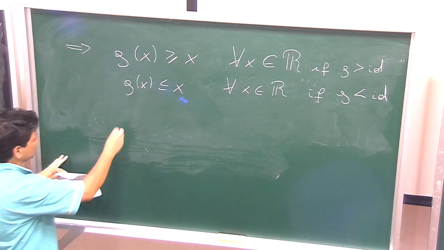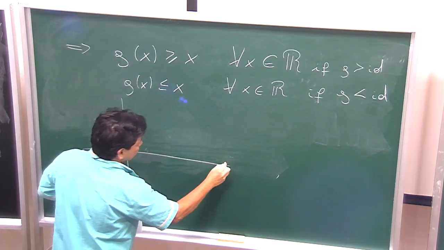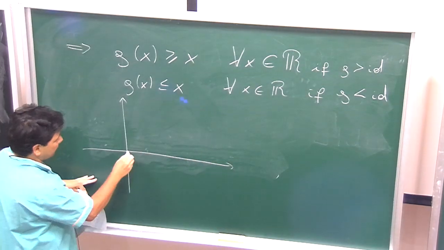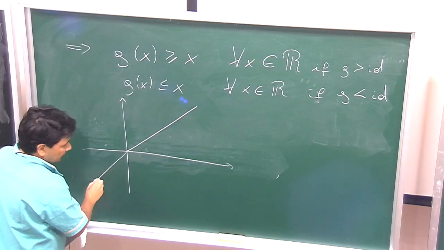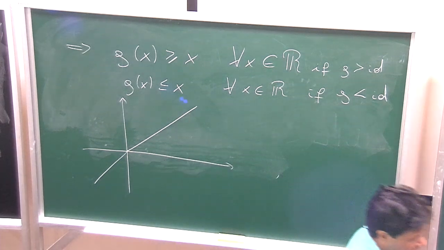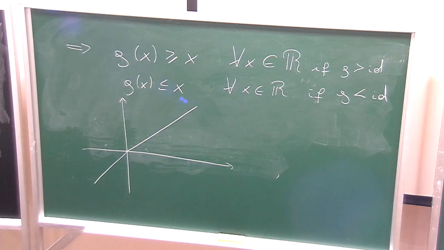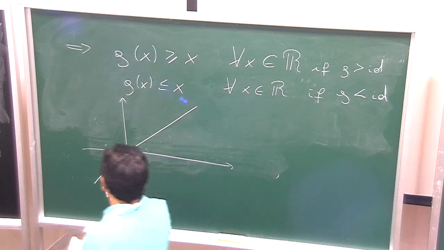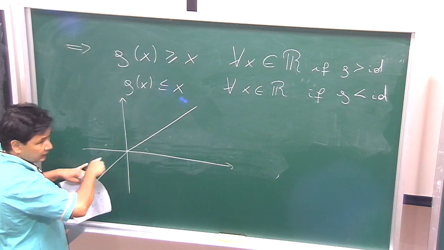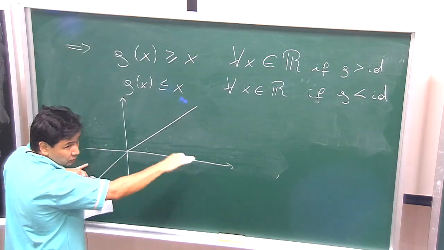Which means the following. Now I can draw graphs, because these are homeomorphisms of the real line, and this is the diagonal. The graph of a positive element is something which is always above the diagonal. It can touch the diagonal, but it cannot cross the diagonal.